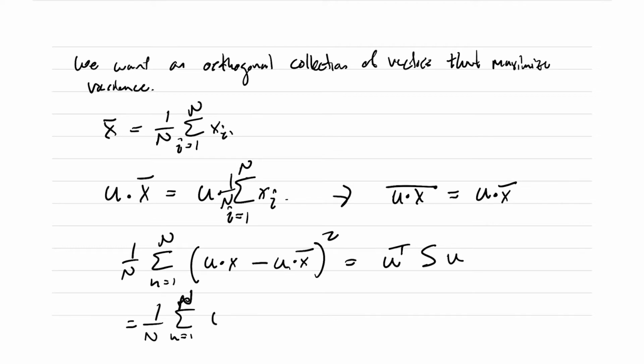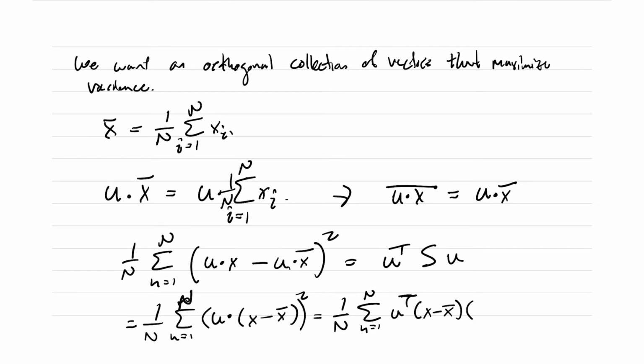So it could be u dotted with x minus x bar, and this quantity squared, and that can be written as the sum of 1 over n, sum n equals 1 up to capital N, and we have u dotted with, well, let's just be explicit, x transposed with x minus x bar, and then we have x minus x bar transposed with u.